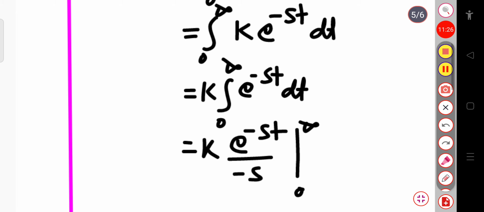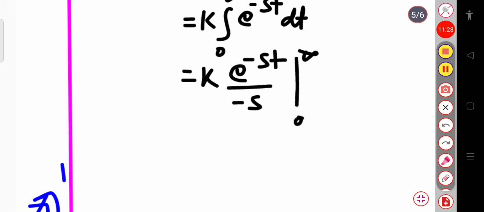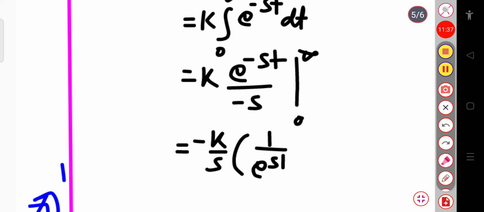Now this will be minus k by s into 1 by exponential st, because its power is minus 1, over the limit 0 to infinity.